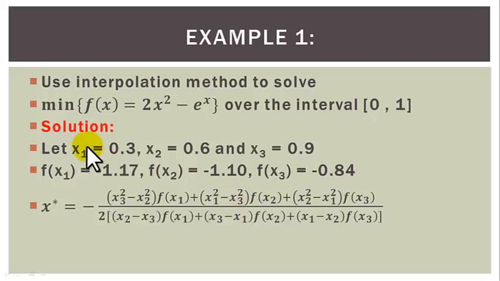Now putting in the values for x1, x2, x3, f of x1, f of x2, and f of x3 into this expression, we will obtain x star equal to minus 0.0387 divided by minus 0.114, and this will give us 0.34.